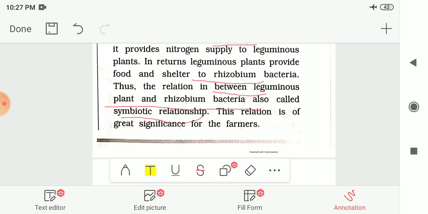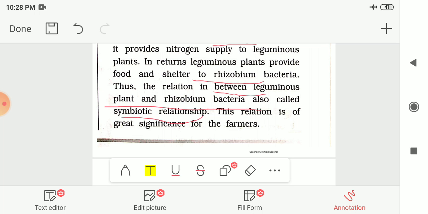They provide this nitrogen to these leguminous plants, and in return these leguminous plants provide shelter, that means space to live, and food to the rhizobium bacteria. So this is the symbiotic relation between rhizobium bacteria and leguminous plants, and it is of great importance for the farmers, as by this relation the atmospheric nitrogen gets fixed into the soil, which is beneficial for the farmers.